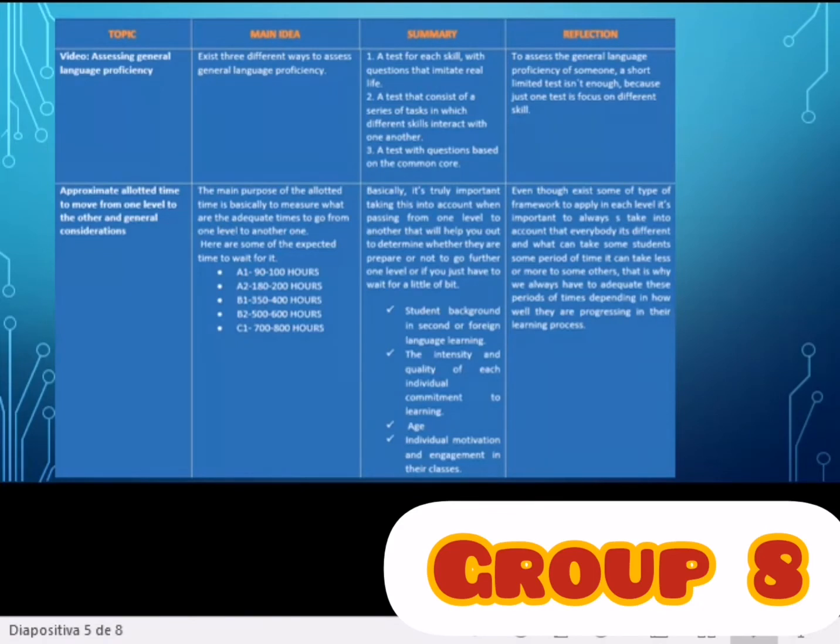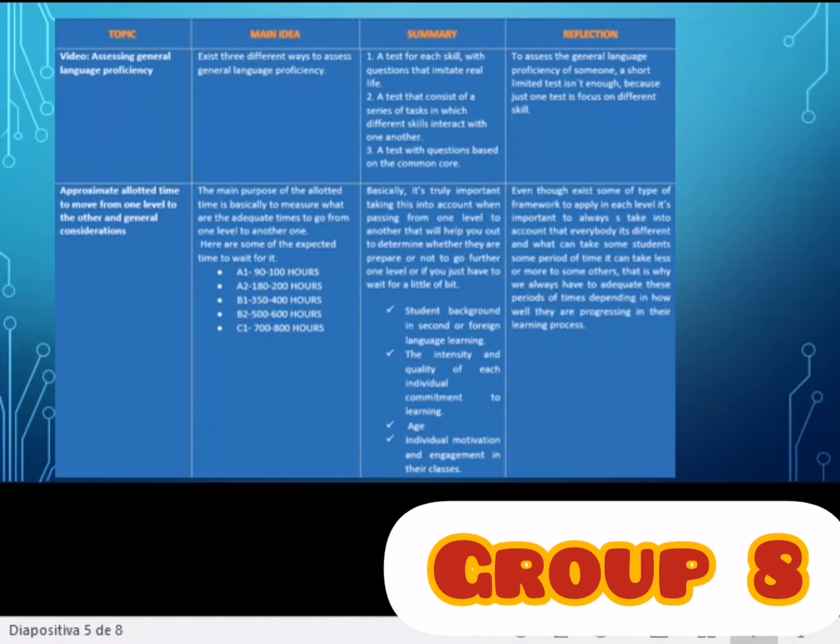I'm going to continue with the topic of assessing general language proficiency. The main idea is that there are three different ways to assess general language proficiency. In summary, the first one is to test each skill with questions that imitate real life.